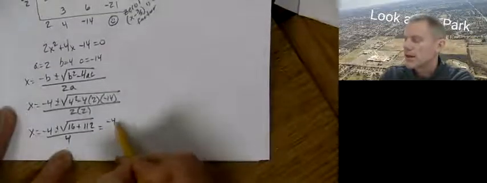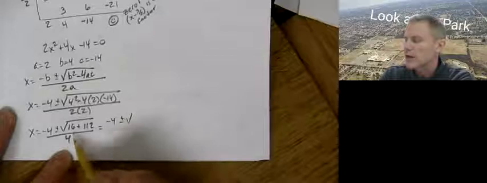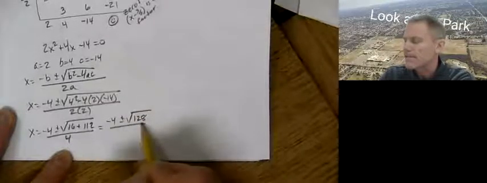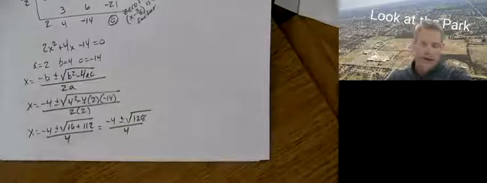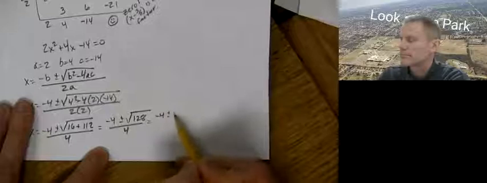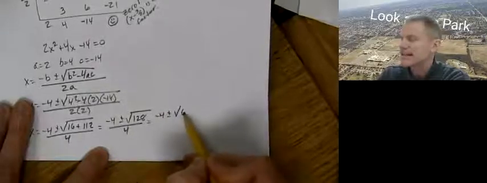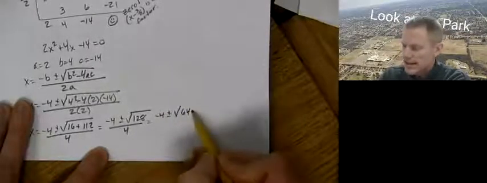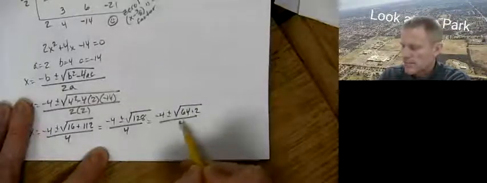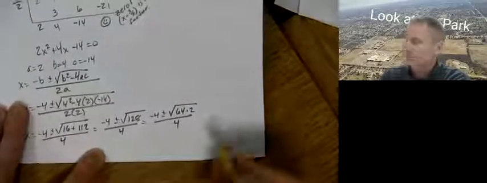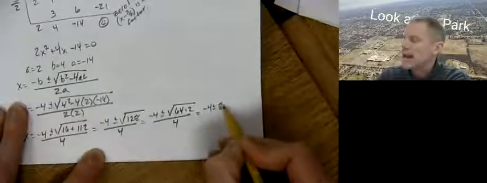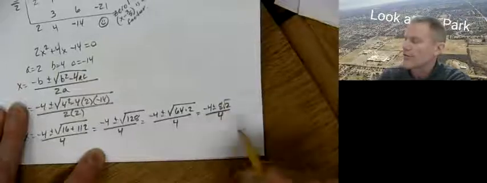This is going to become plus or minus the square root of 128 divided by 4. That is 64 times 2. So that's 8 root 2 over 4.